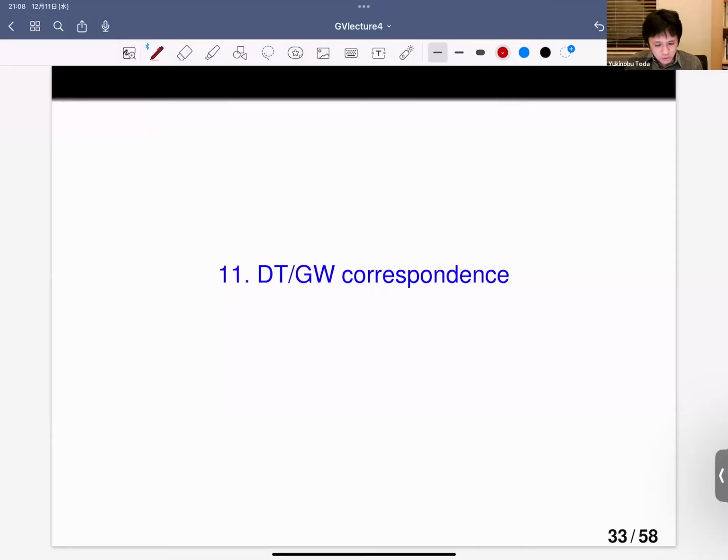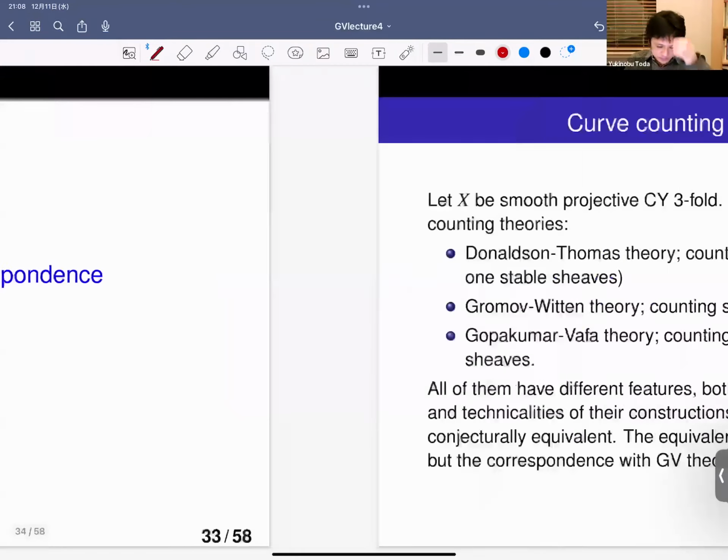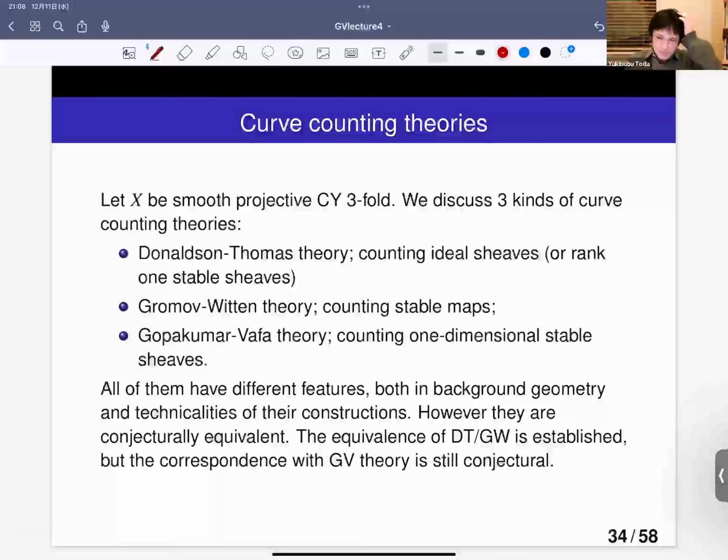Okay, I'm now going to explain about the Donaldson-Thomas and Gromov-Witten correspondence. Let X be a smooth projective Calabi-Yau threefold. We discuss three kinds of curve counting theories. One is Donaldson-Thomas theory, that is counting ideal sheaves, or rank one stable sheaves; Gromov-Witten theory, that is counting stable maps; and Gopakumar-Vafa theory, counting one-dimensional stable sheaves.